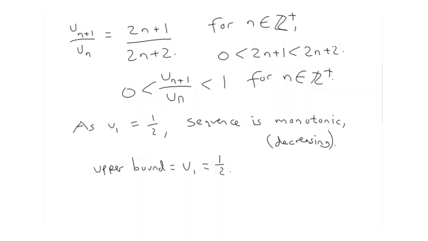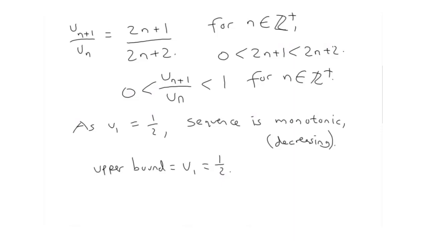And then, well, for a lower bound, we don't actually have to calculate. Remember, all we are trying to do is show that this sequence is convergent. If we can show that it's bounded, as in we can pick a value that we know it definitely doesn't go below, in this case, because we already know the upper bound and we know it's decreasing, then that is enough to show that it's bounded, which is enough to show that it's convergent.